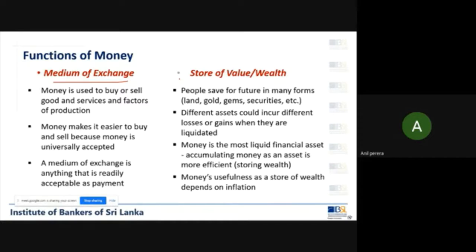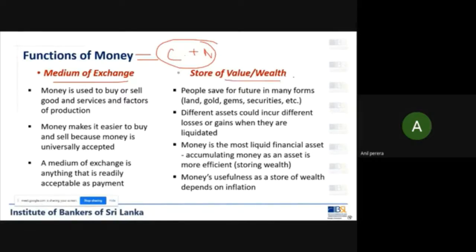So medium of exchange means, in the modern world, anything that is readily acceptable as well. Now today there are various payment modes, not only currency. Now you should not misunderstand when you say money, it's not only cash or currency plus notes. Not only that, in today's context, there are various forms of money. As you already know, electronic money, digital money, various forms of money.